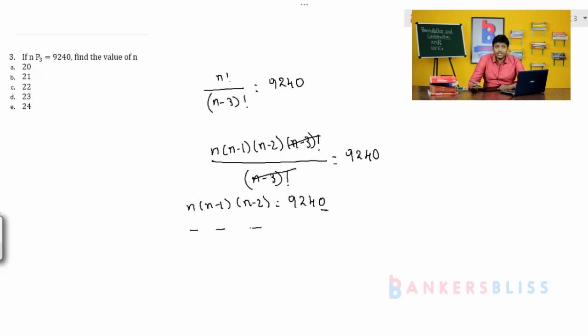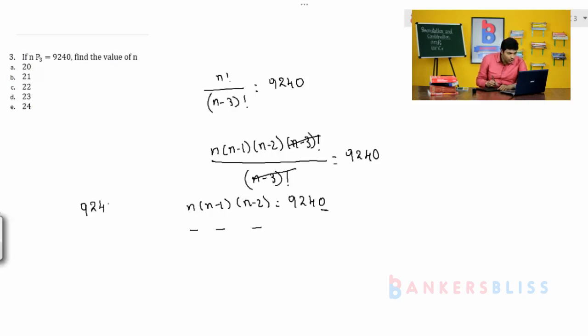So according to the options, the n value is going to come in the range of 20 or above. And among these 3 numbers, one of the values will be equal to 20.